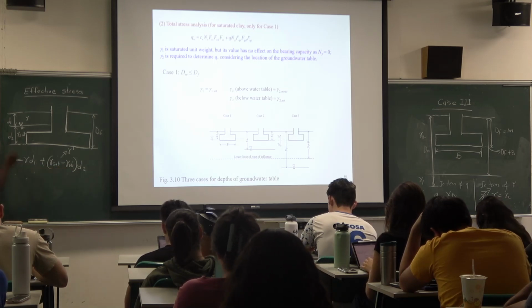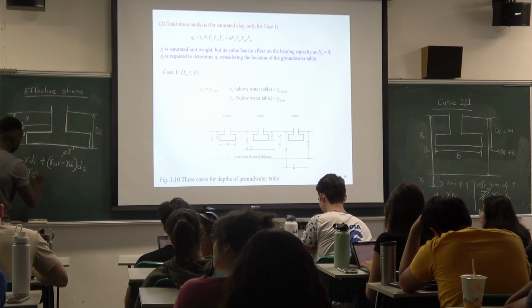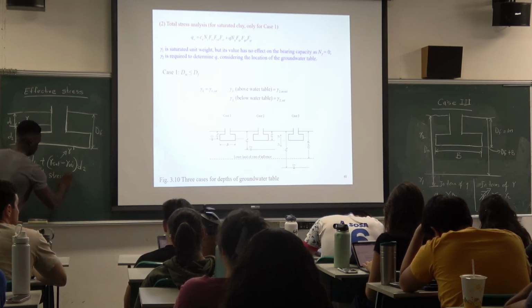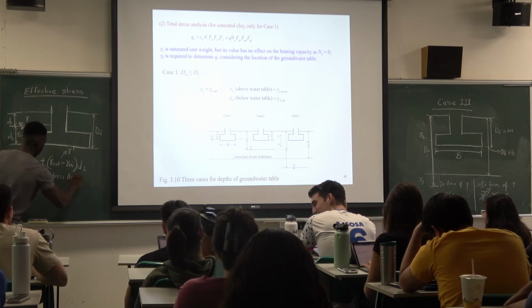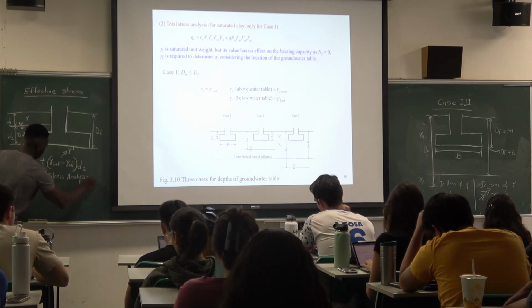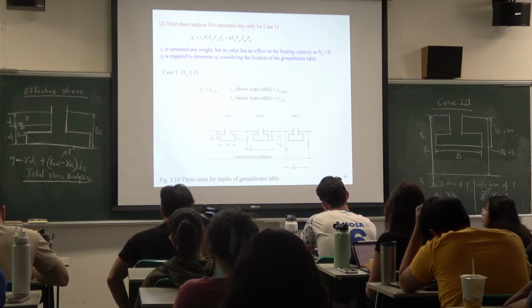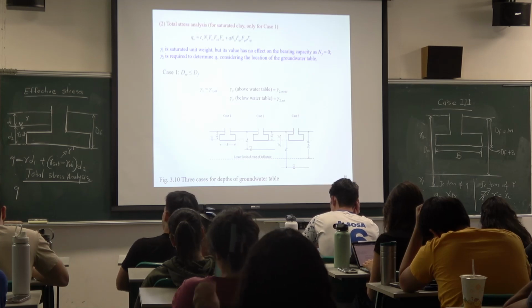But if we are going to do the total stress analysis for this problem, and then we want to find the stress at this point Q, what do you think the stress will be?